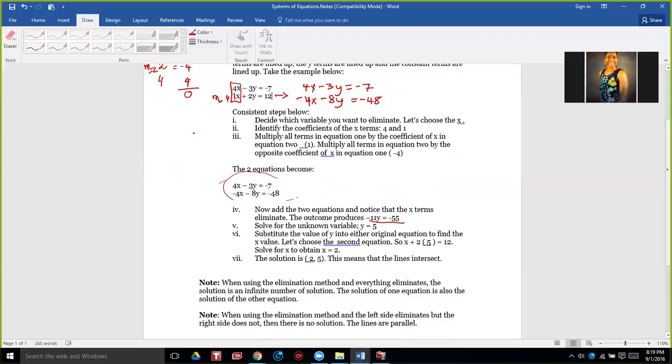So we have x plus 2 times y, which is 5, is equal to 12. x plus 10 is equal to 12. Minus 10 on both sides, then you get x is equal to 2. So your solution to that system is (2, 5), which means that they intersect.